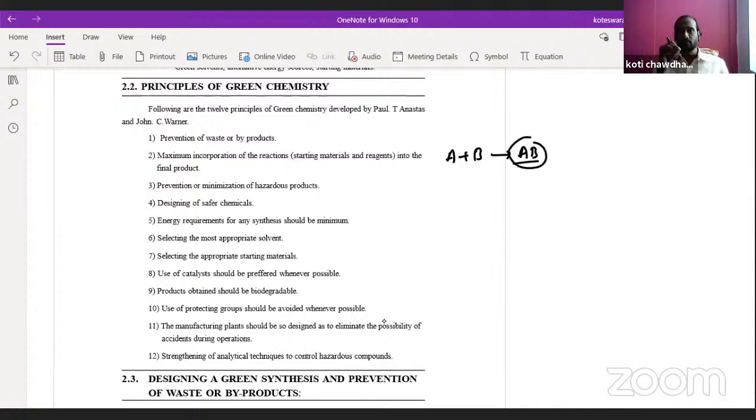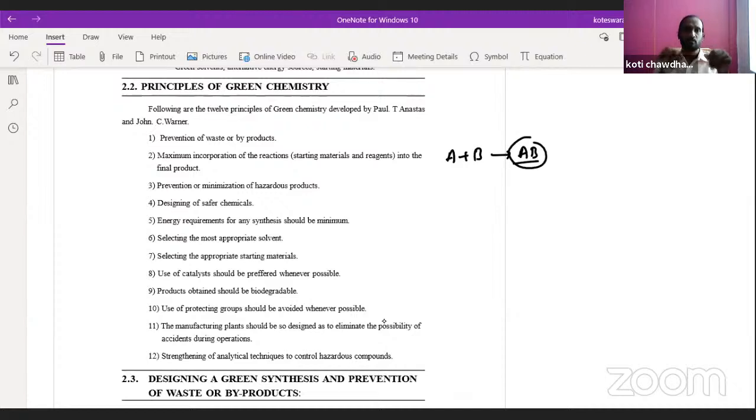But in the third one, we specifically discuss hazardousness. Whatever byproducts and waste are generated here should not be hazardous, or at least we need to minimize the hazard. Whether it is our required product, the byproduct or the waste, it should not be hazardous, or at least we need to decrease the capacity or intensity of the hazard.